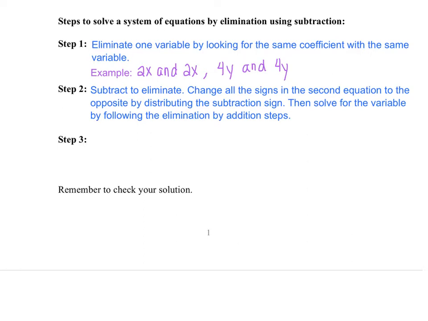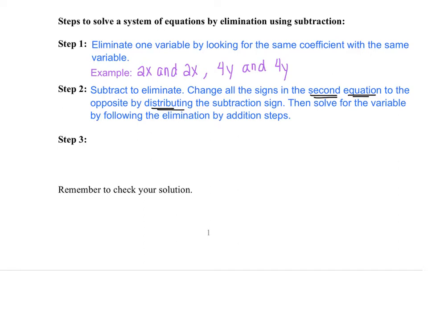You're going to change all the signs in the second equation to the opposite by distributing the subtraction sign. Then solve for the variable by following the elimination by addition steps.